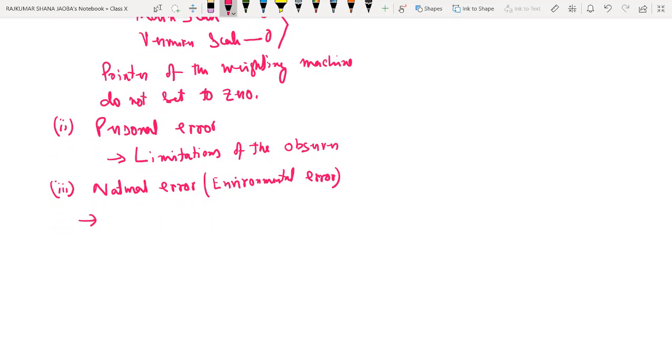Such type of error arises due to change in conditions.